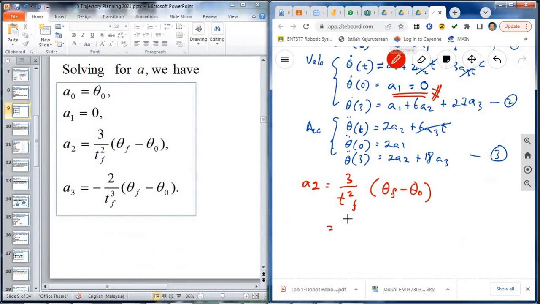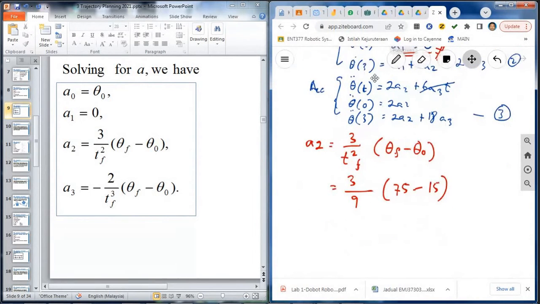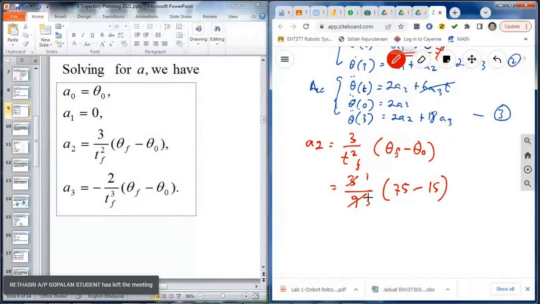So for example, time final is 3. 3 to the power of 2 is 9. Theta final is 75 minus theta 0 is 15, which is 60.